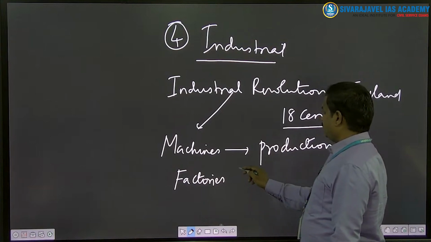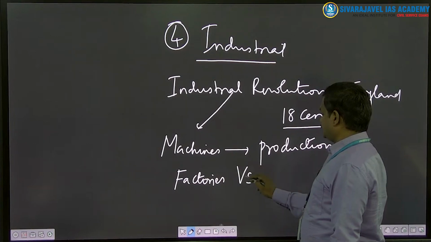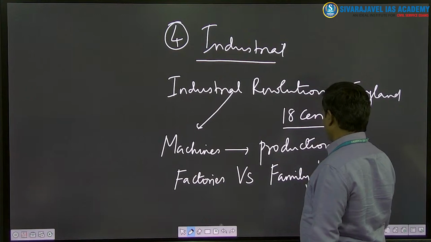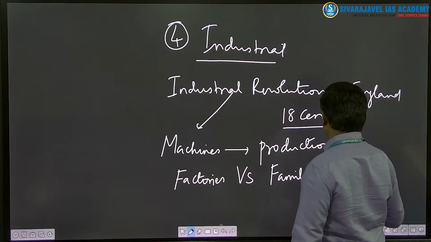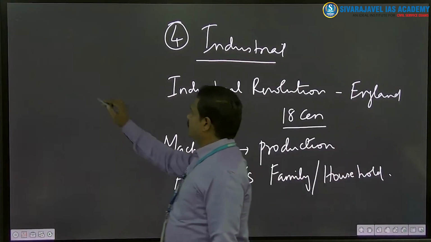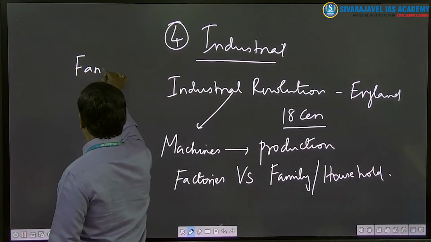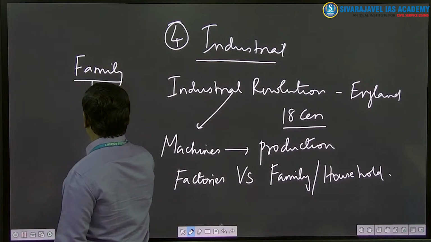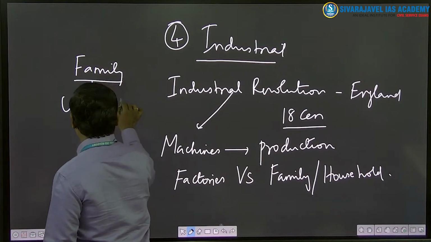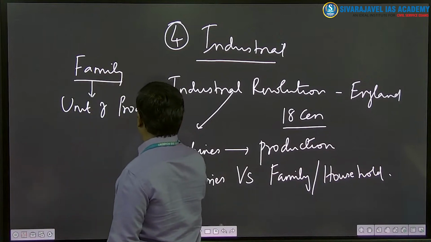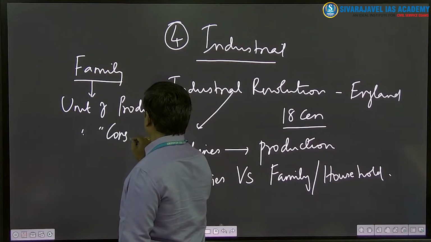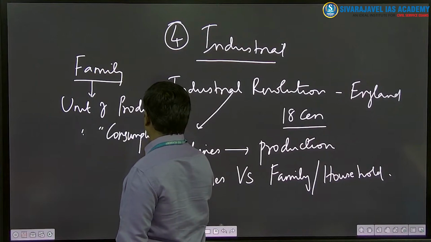And when you have a factory, then it is totally separated from family. Family or household is separated from factory. Earlier, family was the unit of production, consumption, and distribution.